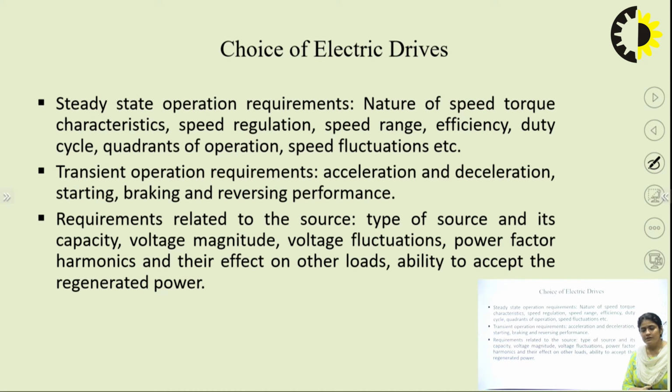These are some of the requirements that must be fulfilled to make a drive system so that it can run the load according to the demand, so the motor can fulfill the requirement of the load.